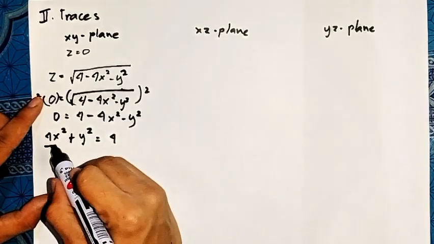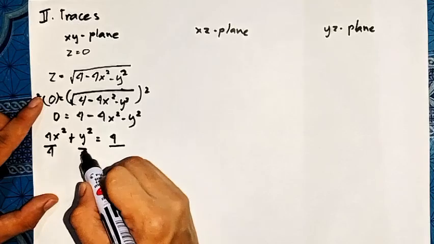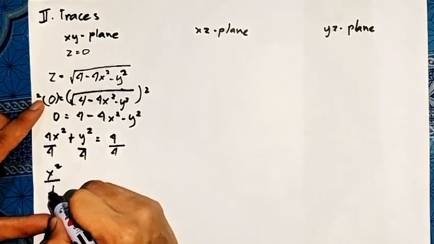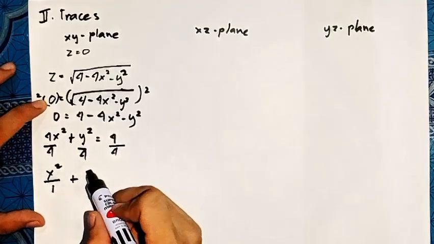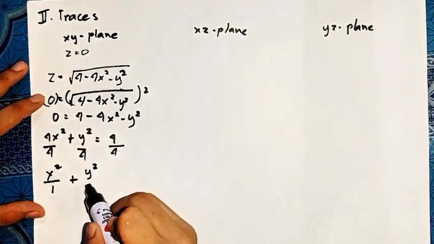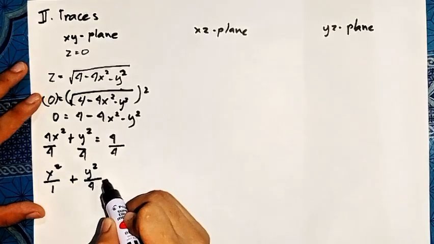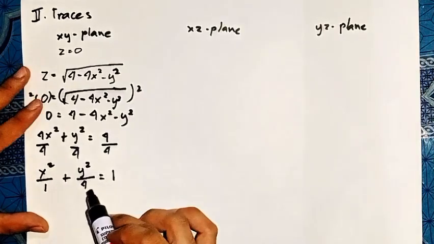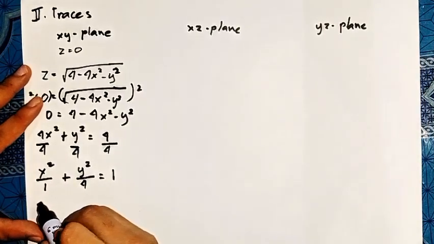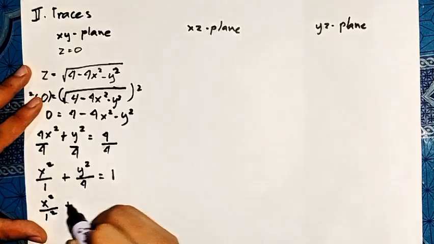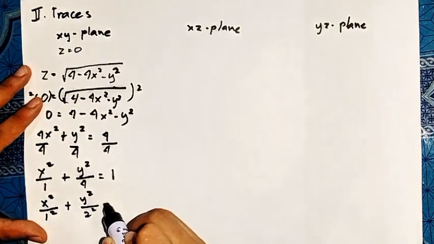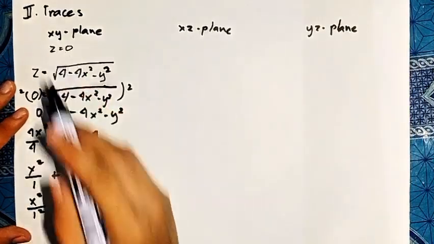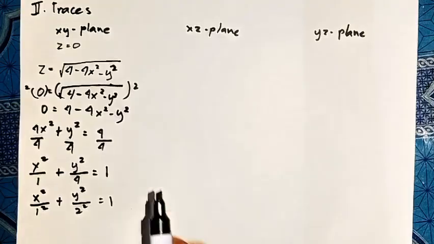So divide both sides by 4. This will become x squared over 1 plus y squared over 4 is equal to 4 over 4, which is 1. As you can see, this is an ellipse, right? We have x squared over 1 squared plus y squared over 2 squared is equal to 1. So the xy plane is an ellipse.